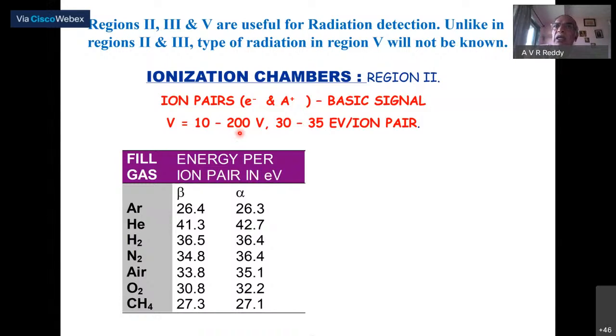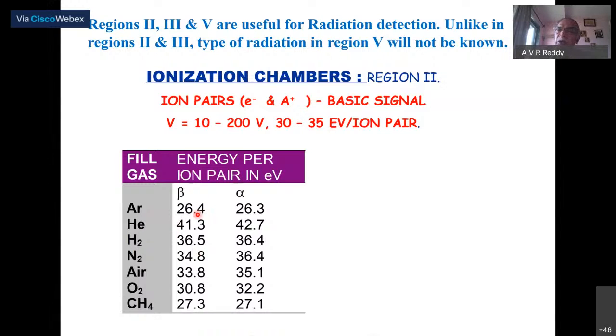We have a setup in our laboratory where I work, it used to be 100 volts, depending on the energy. On average, 30 to 35 electron volts are required to produce one effective ion pair. It is not the binding energy, it is not the ionization potential. To have one effective ion pair, you need this much energy. Now, argon, on average, this value. For argon, for beta it is 26.4, but it doesn't matter, for alpha or beta the value will be more or less the same. But for alpha, it will be a bit more accurate than beta, as you know from the interaction itself.